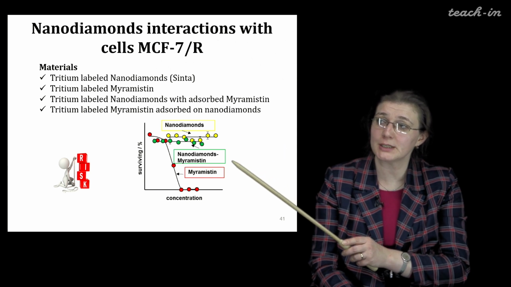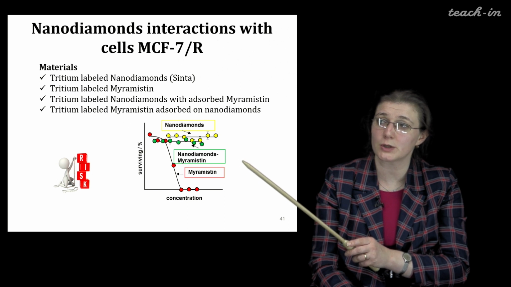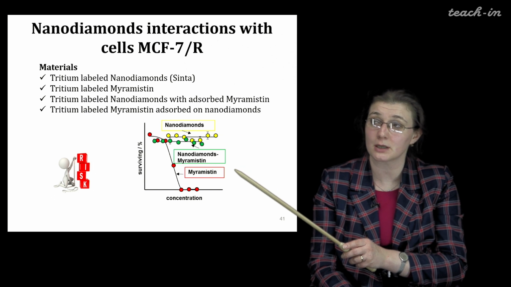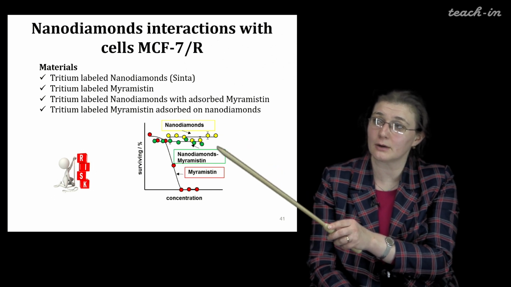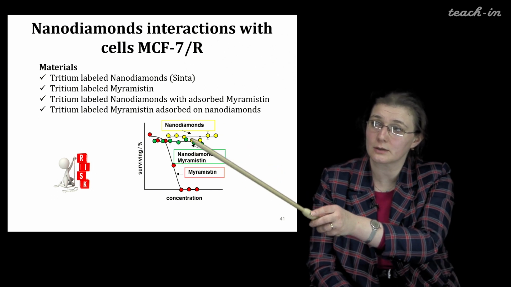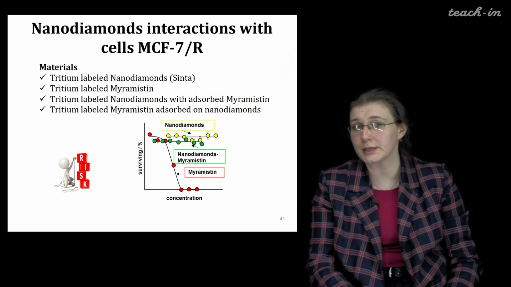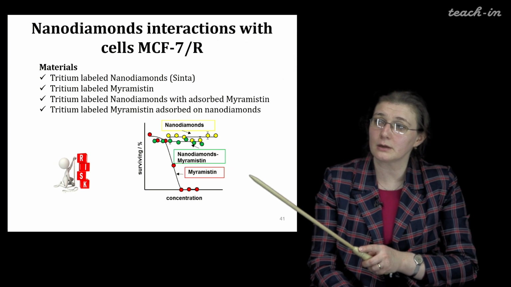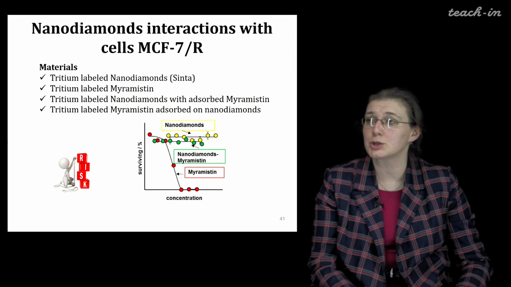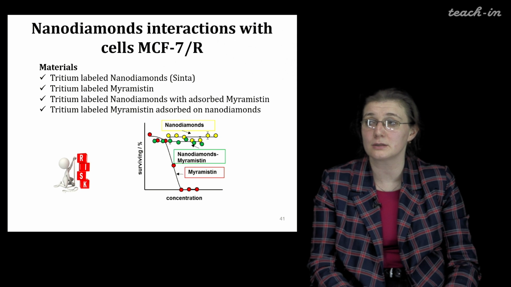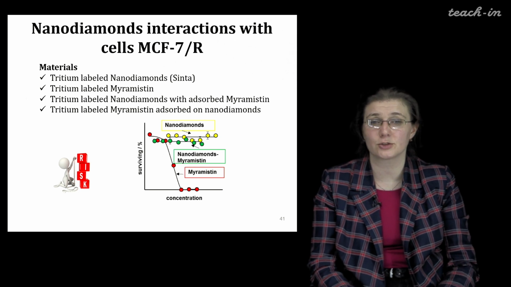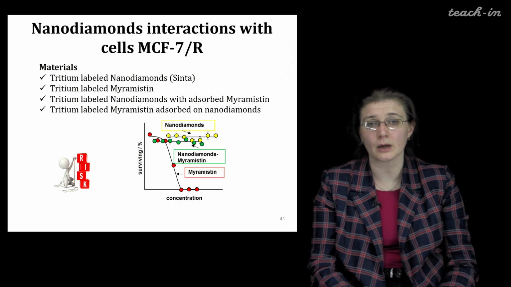picture is that free nanodiamond and even a nanodiamond which is modified with a drug which is rather toxic, red points show the toxicity of the free drug, and green points show the very small toxicity of the drug which is bound to the nanodiamond surface.